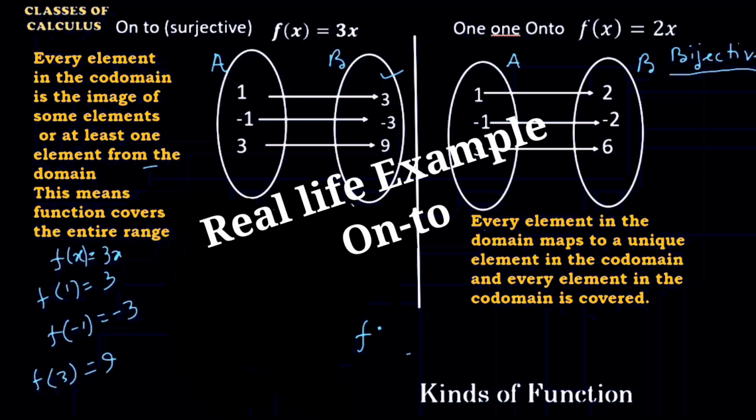If f(x) represents the function where x is the customer and f(x) is the product, then it is an onto function because every customer received a product, meaning the function covered the entire codomain. So it is an onto function.